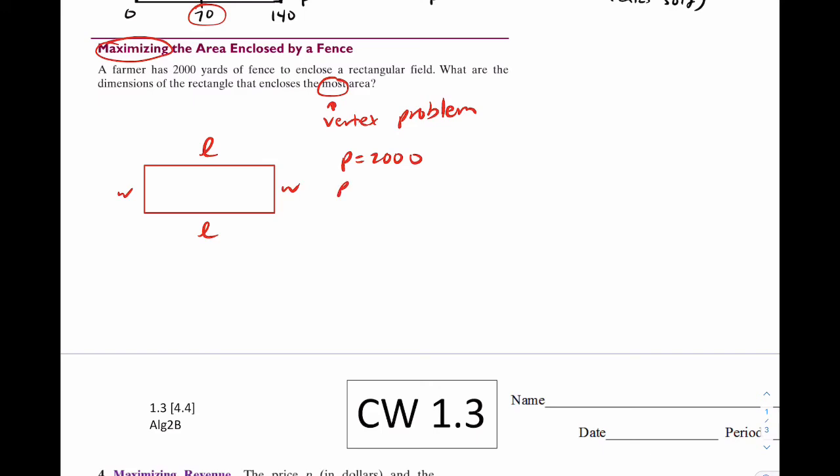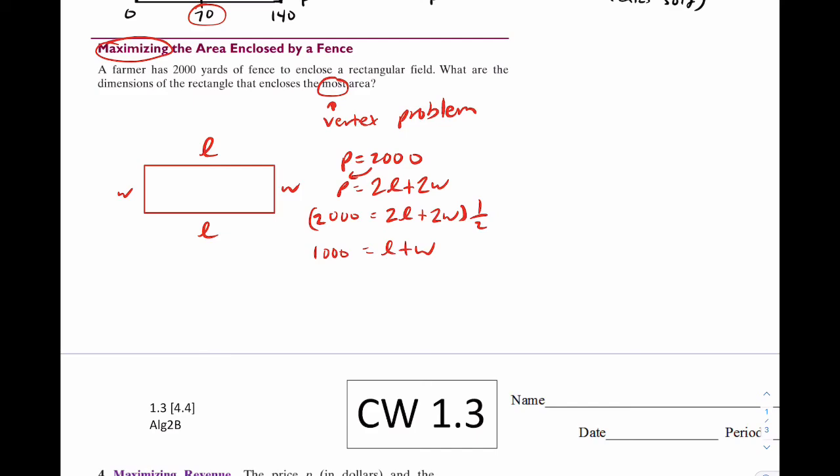And we also know the perimeter, if we add up all these variables here, that's simply 2L plus 2W. So we plug it in, 2,000 should equal 2L plus 2W. We can simplify, so divide everything by 2 or multiply by a half. So 1,000 is equal to L plus W.